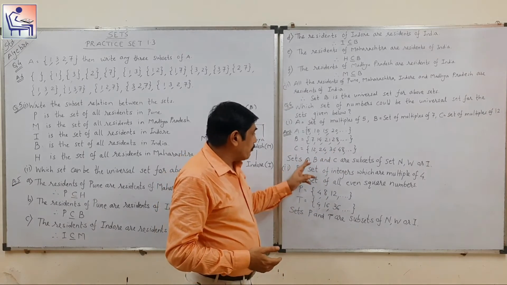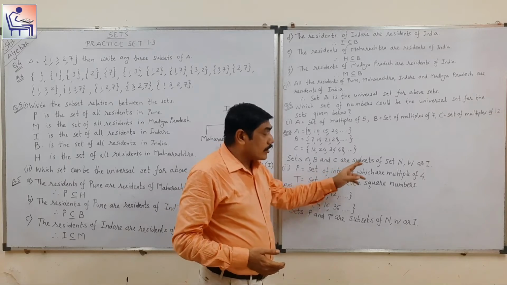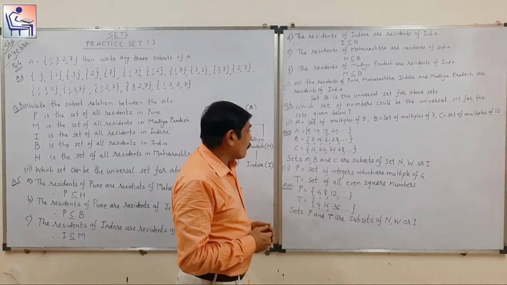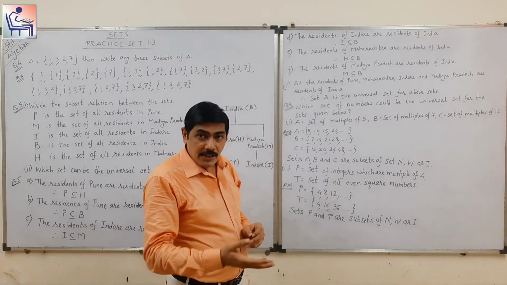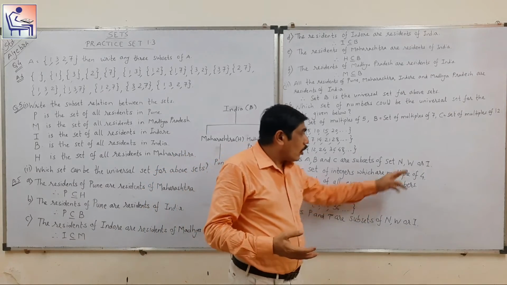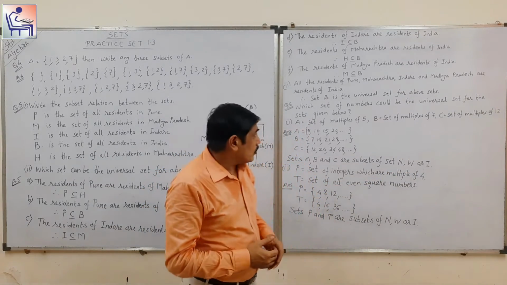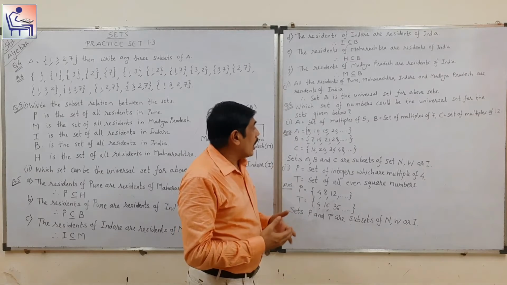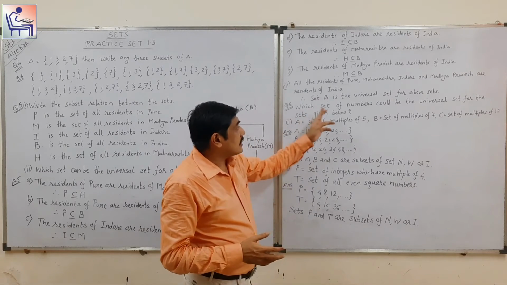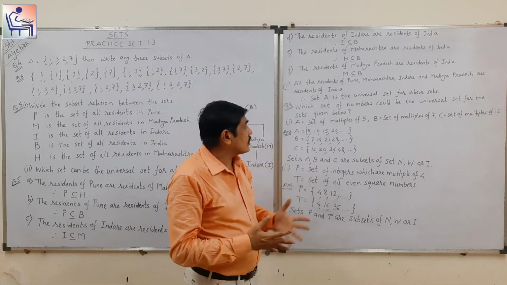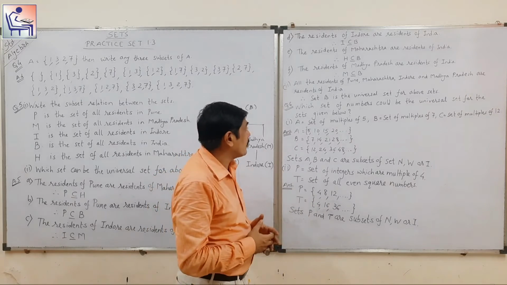So sets A, B and C are subsets of set of natural number, whole number or integers. So we can say that हमें यहाँ पे पूछा गया है which set of the numbers could be the universal set for the sets given below.